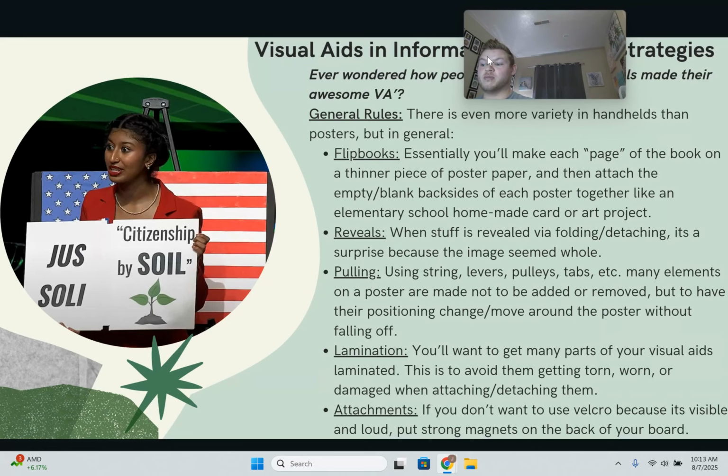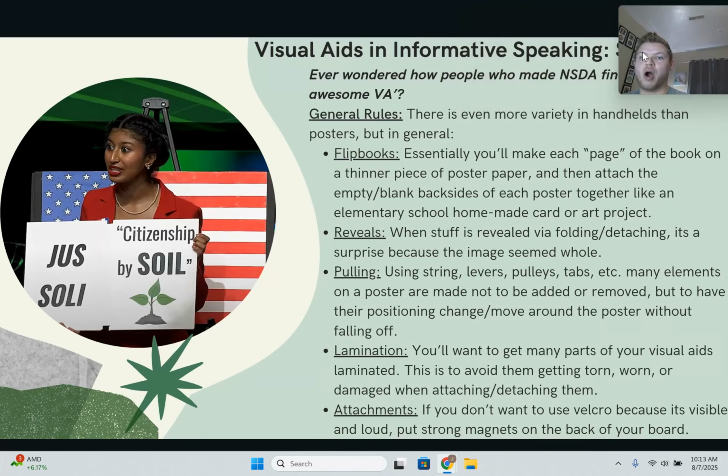Before they attach that, they use Photoshop or a knife in real life to cut out part of the image that they will later remove, or they don't cut out the full image, they just cut out most of the outline, but this part is left intact so that they can fold it down to show something new.